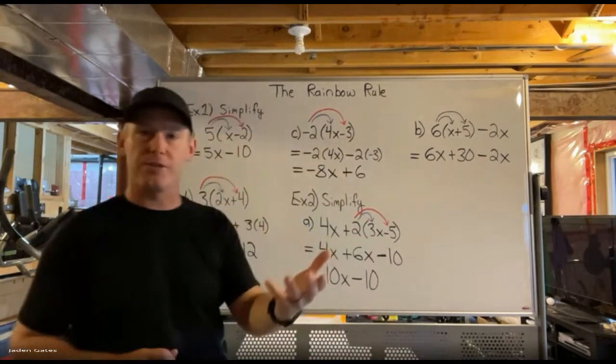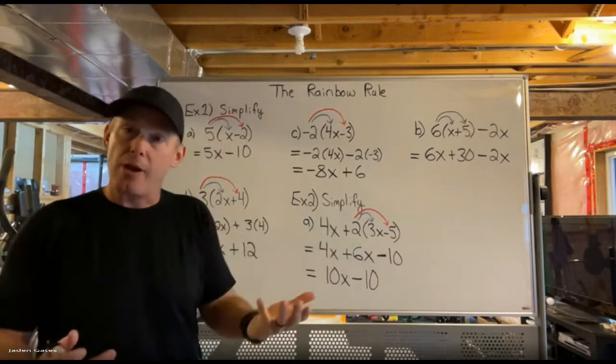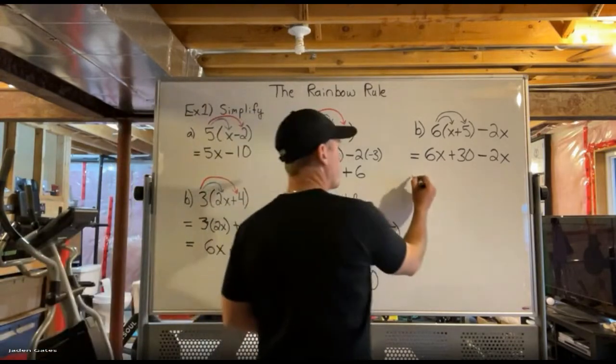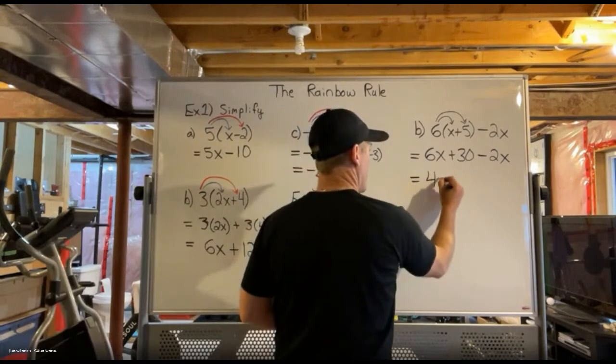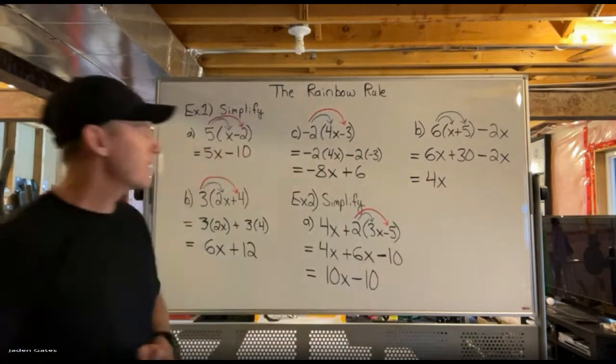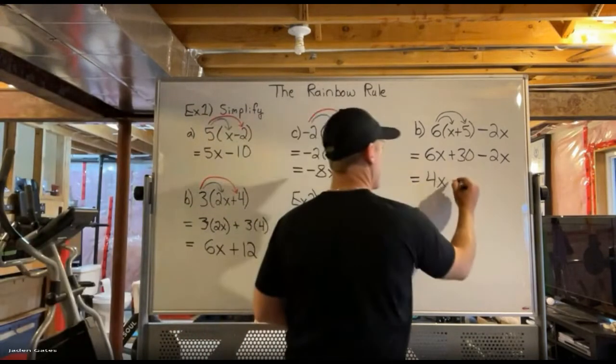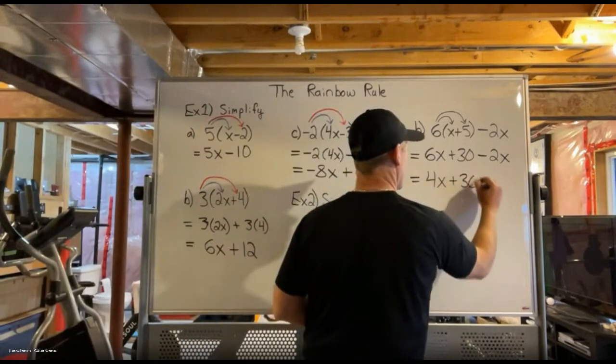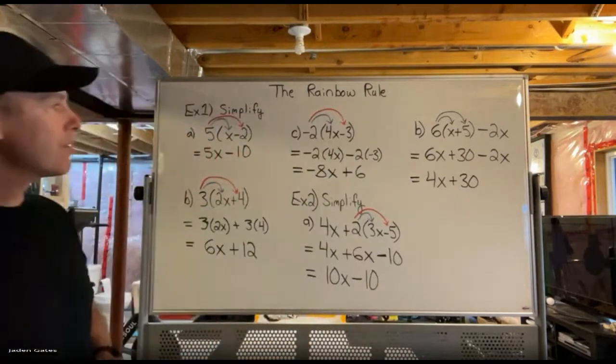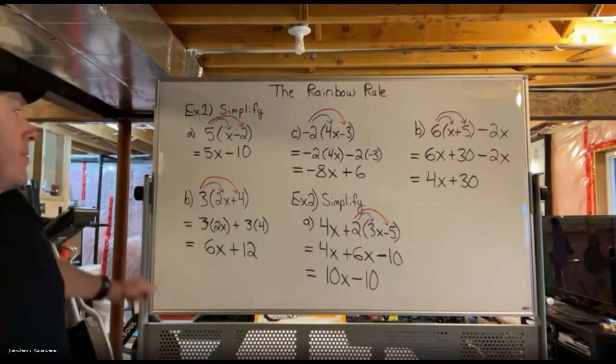Well, if you have 6 of something and then you lose 2 of them, now you have 4 of them. And so, putting those x's together, I have 4x. 6x minus 2x gives me a 4x. And then, again, I can't forget about my plus 30. And that is simplified.